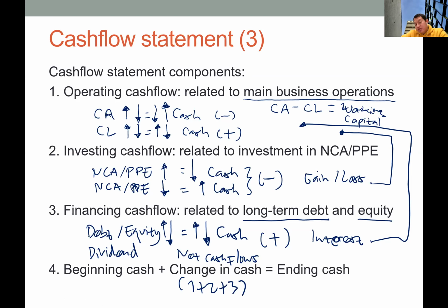Mostly we'll get a positive or negative. If it's a positive net cash flow, it means cash is coming into the business, and if it's negative, it means cash is moving out of the business. So it's very rare that we have a 0 cash flow.